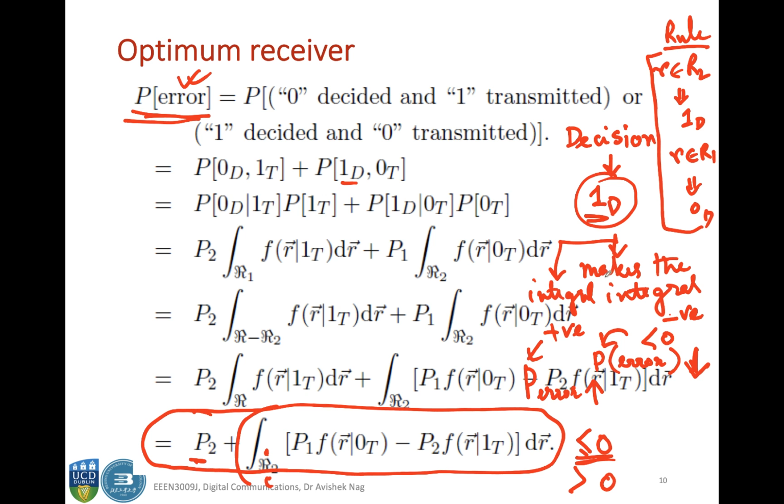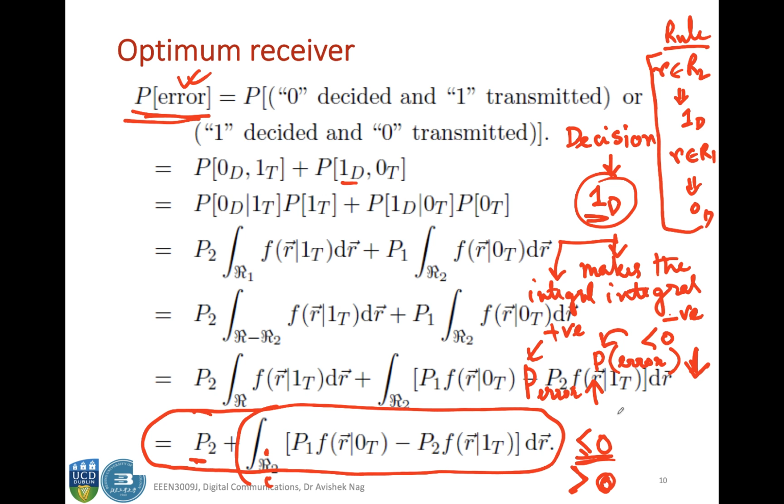So therefore this decision is not optimum. You have to change your strategy. So if this is greater than 0, or positive, then your probability of error is increasing.